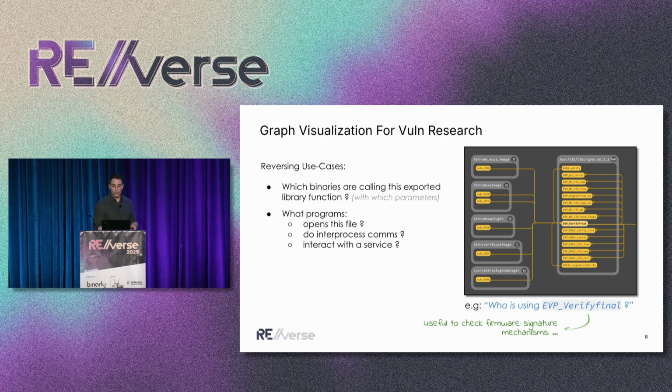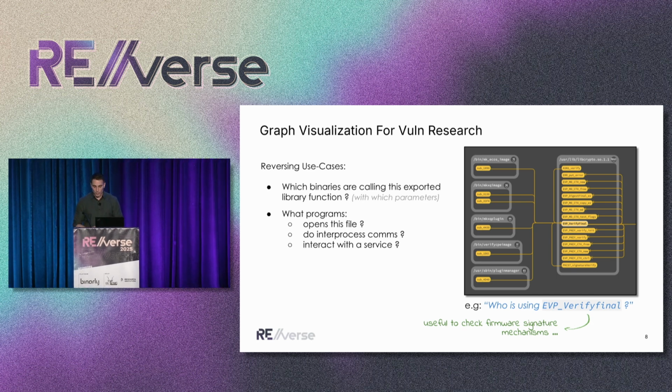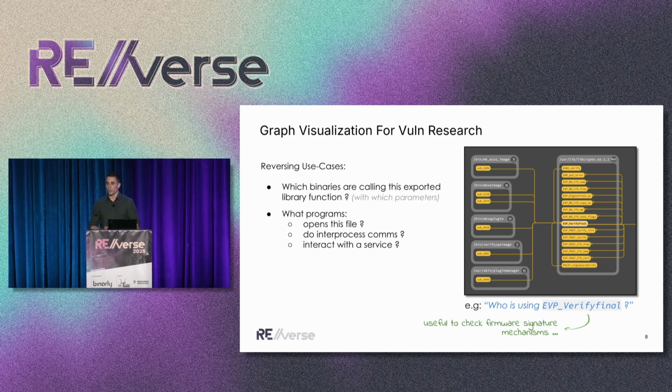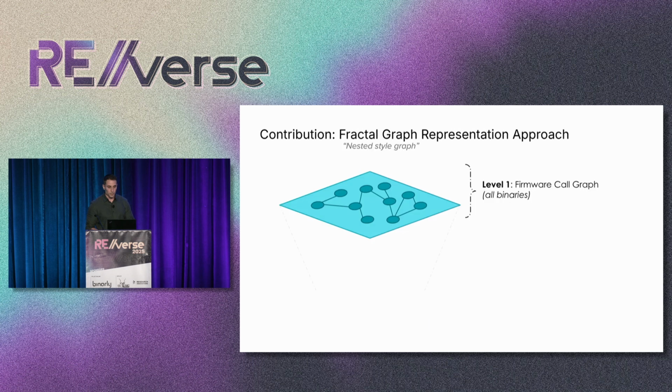Ideally, you have a function, for instance, of OpenSSL, verify final, and you want to know what are the binaries that are calling it. Because if, for instance, you're interested in checking the firmware signature checks, this is the kind of function that you might end up looking at. And this is basically the kind of graph that we ultimately want to be manipulating.